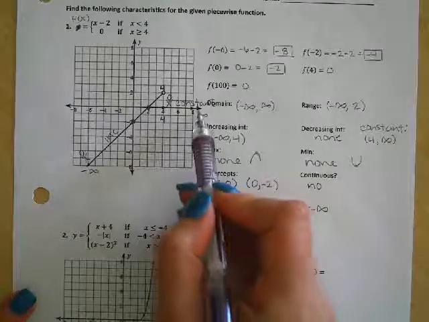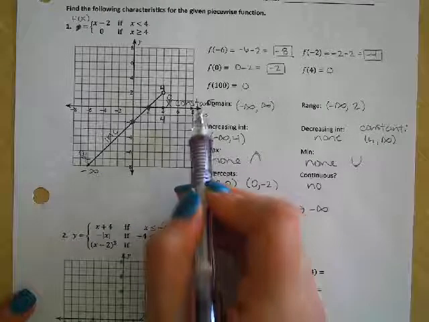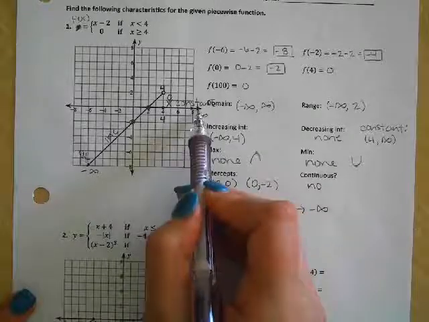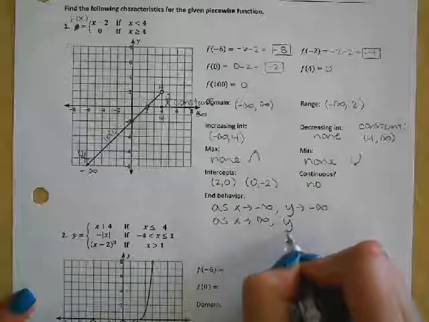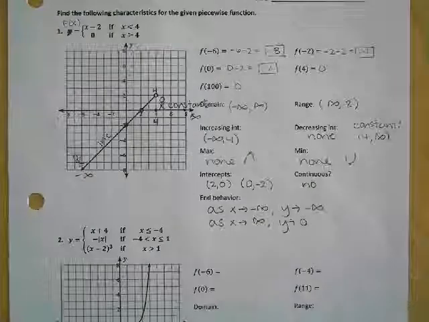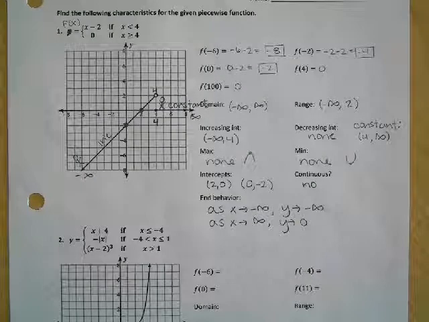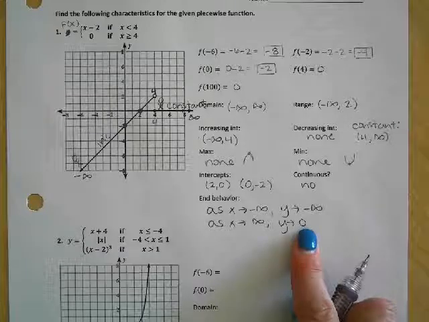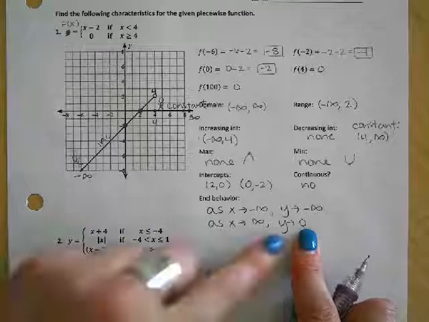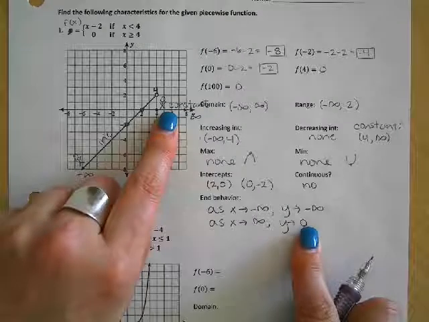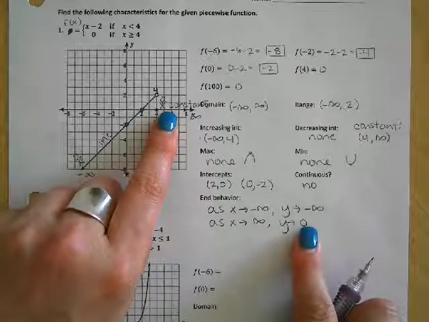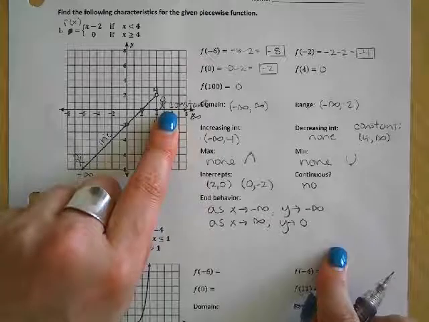As I look to the right forever, the y value is not going up, it's not going down, it's actually staying at that value right there, which was 0. So I'm going to say y goes to 0. So that's the first time we've seen one that goes to a number instead of an infinity. And you might write a little note to yourself that this happens whenever you have a horizontal line. So the end behavior is that it goes to 0.